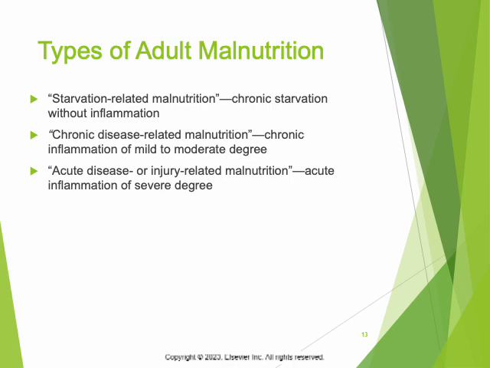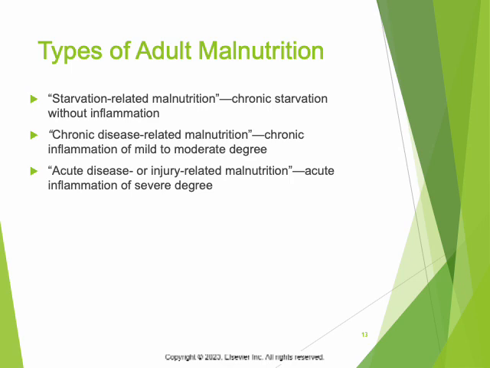And then the last one is acute disease or injury related malnutrition. And so, although we will have some inflammation, this is more on an acute basis, and it could be of severe degrees. So, let me give you some examples.